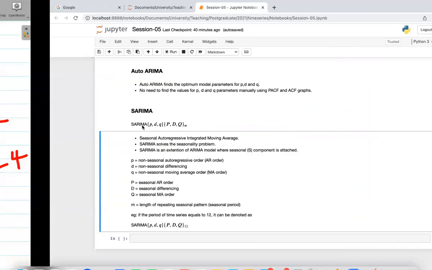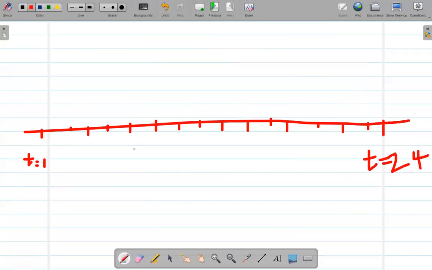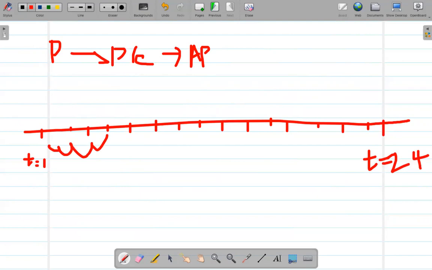Altogether 7 parameters. We already know what lowercase p, d, q mean. The p stands for previous data points for the autoregressive part, AR.